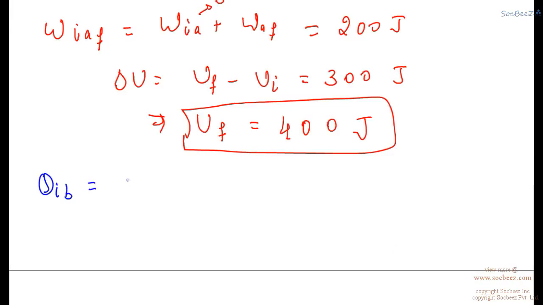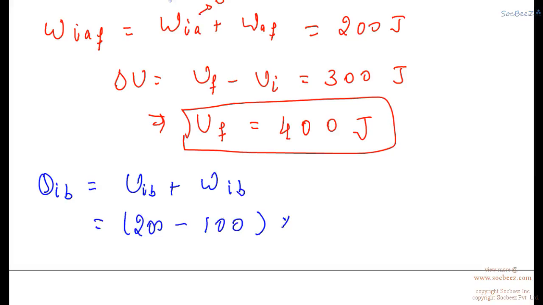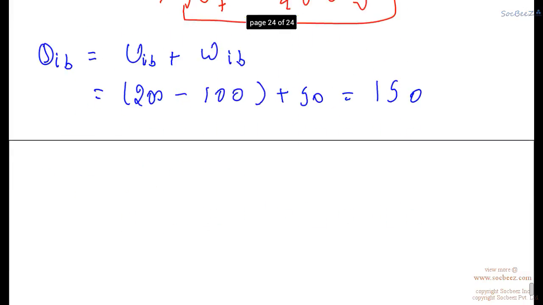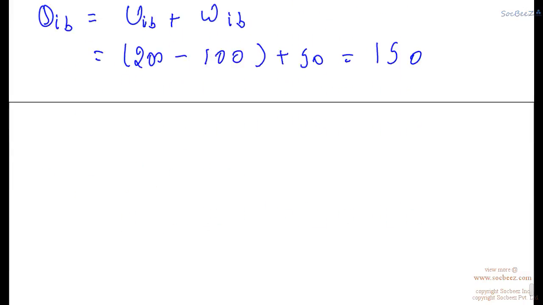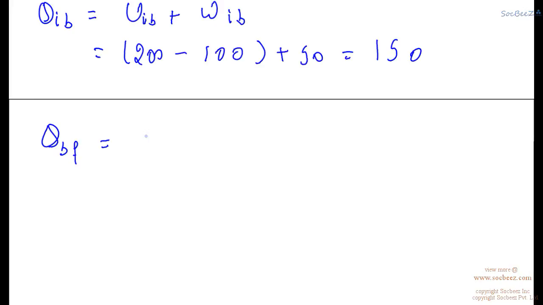Now QIB here is delta UIB plus WIB, from the first law. So this comes out to be 200 minus 100 plus 50, which is 150.